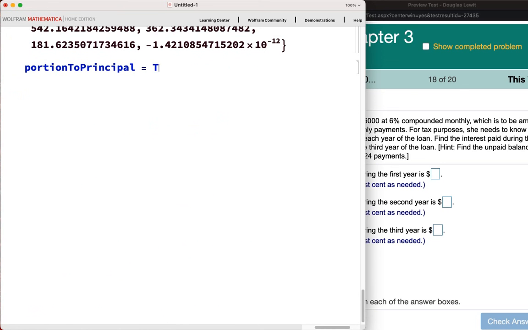Well, that's going to be easy. That's going to be table balance month minus balance month plus 1, and that's going to go from 0 to 35.